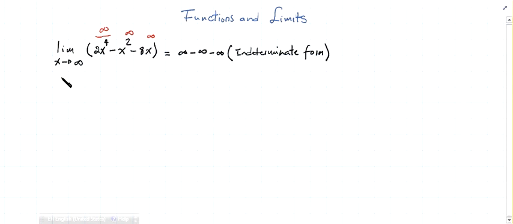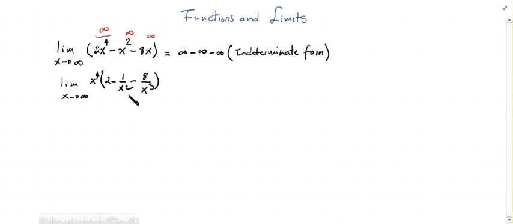So it means we would do the limit as x tends to infinity of x to the power 4 times 2 minus 1 over x to the power 2, minus 8 over x to the power 3.